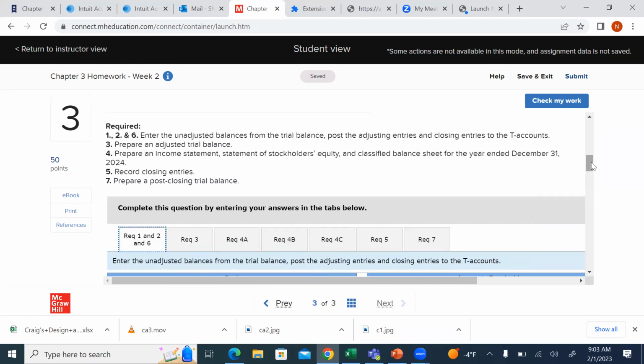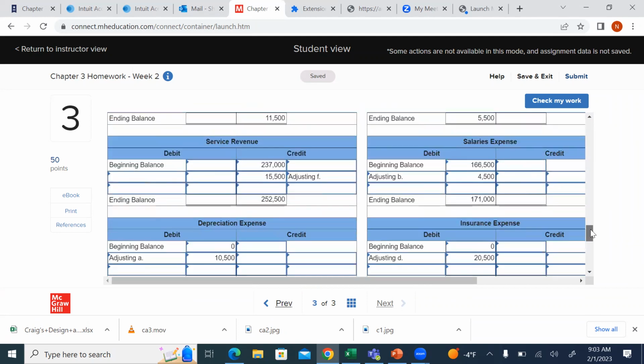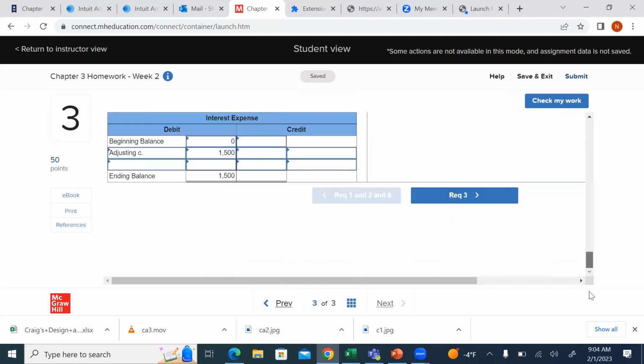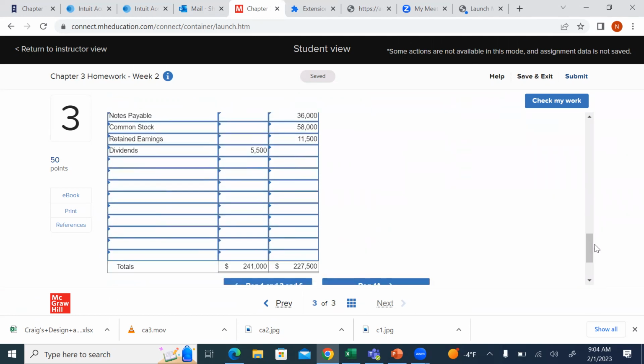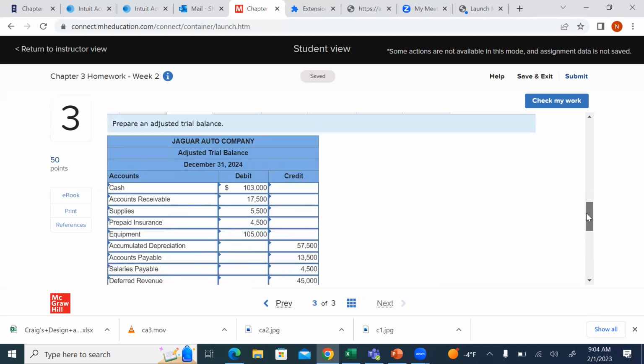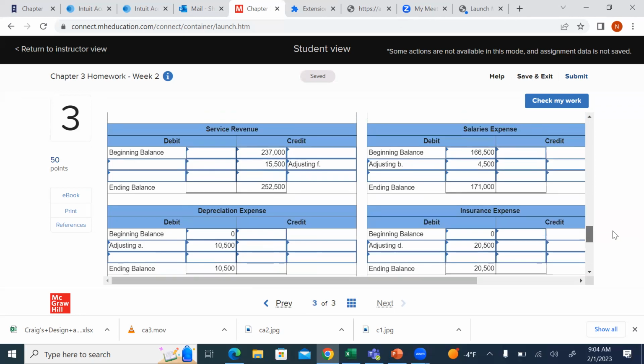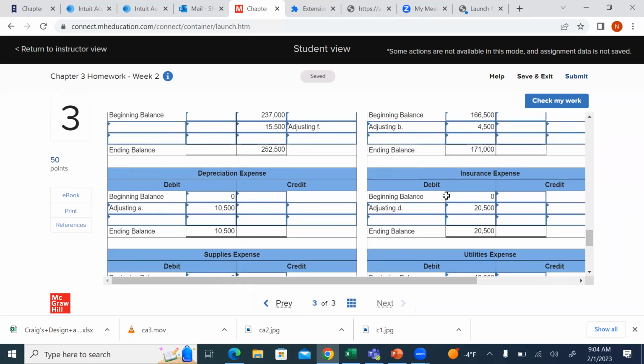Next, service revenue, 252.5. Salaries expense, 171. Okay. Next, depreciation expense, 10.5.